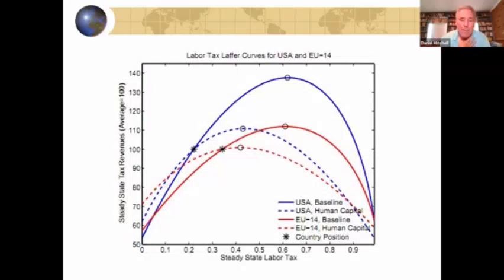Now, think about what that means. It basically means that politicians are going to punish the private economy by doubling tax rates. They'll only get 10% more revenue, but that implies if you double the tax rate and you only get 10% more revenue, it implies that you're destroying a lot of private income.